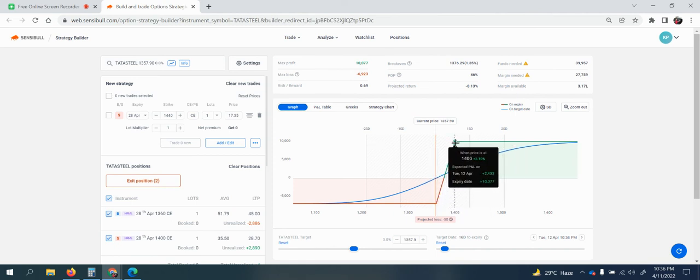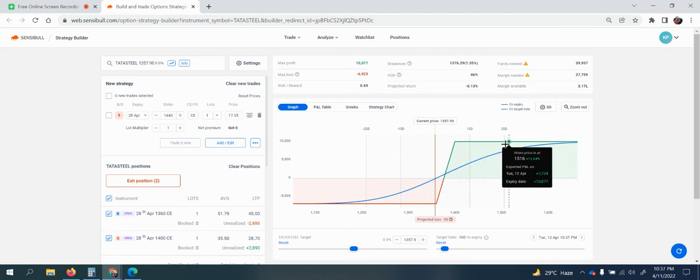So let's say tomorrow Tata Steel makes a move of 5%. If you look at the black box, 5%, I will be making 4,000 profit tomorrow, in only one day. Let's say Tata Steel makes a move of 4%. You see that most of the F&O stocks can even make 5%, 8%, 10%. So let's assume that tomorrow Tata Steel makes a move of 4.28%.